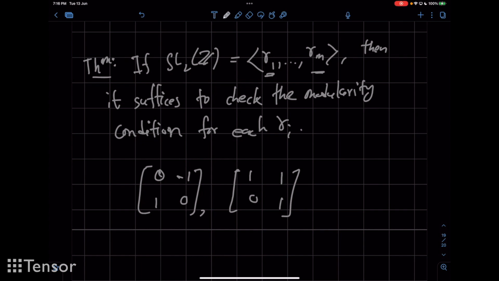These two matrices generate SL2Z, which we shall prove in the next class. And I think I have two different proofs for it. One is an algebraic proof, and the other is a geometric proof. Both of them are really very beautiful and elegant proofs, and the ideas from those proofs will be needed in future as well. So I'm just gonna call it a day for today.